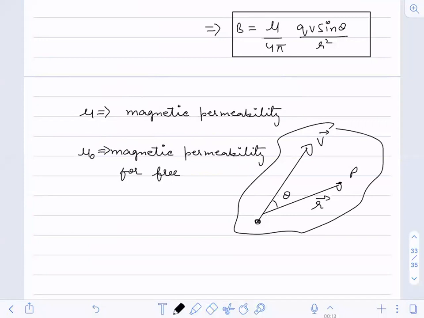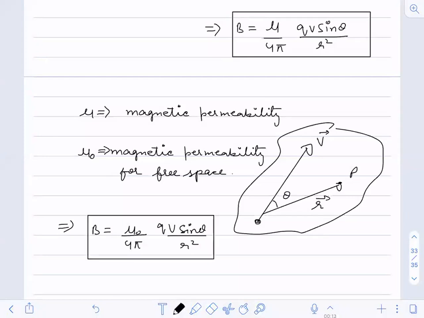So this formula B would become mu naught divided by 4 pi, QV sine theta by R square. This is what you will have now.